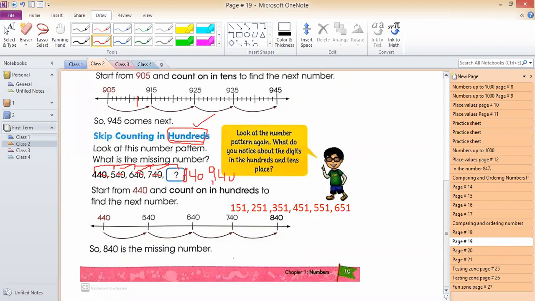Look at the example. This is 151, 251, 351, 451, 551, 651. So 51 is the same in all the pattern. Only the number in the hundreds place is increased by one. 1, 2, 3, 4, 5, and 6. After that 751. Then 851. Then 951. In that way you can add hundreds. Is it clear, guys?